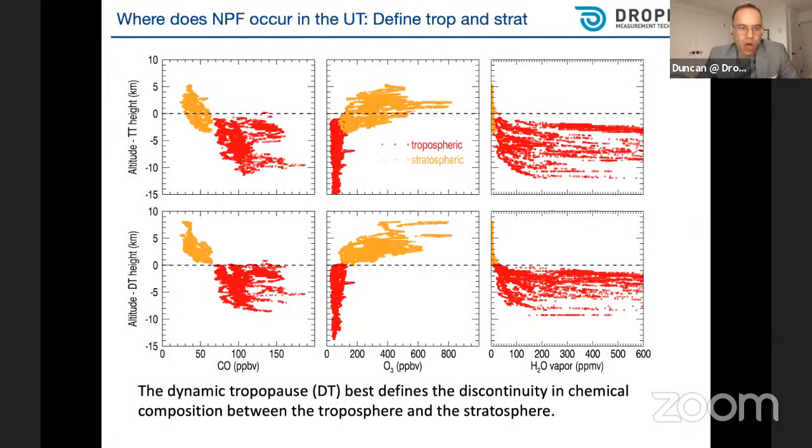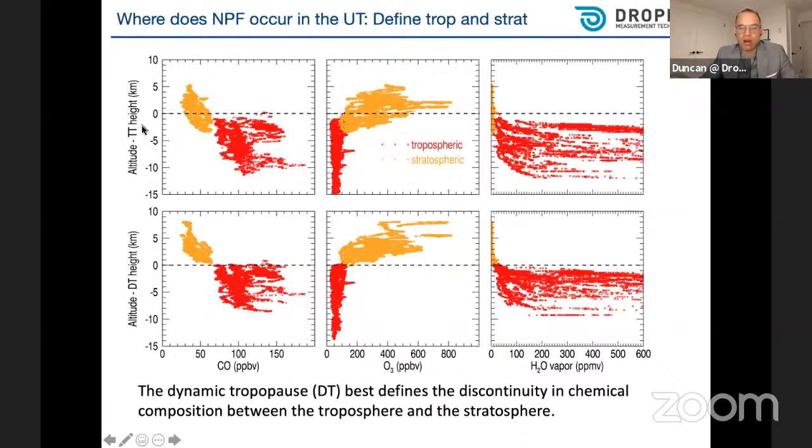So if we plot the tropospheric points and the stratospheric points, using as a coordinate the altitude of the measurement made by the aircraft subtracted by the dynamic tropopause, we see that the dynamic tropopause separates very nicely the tropospheric air from the stratospheric air when it comes to CO, ozone, and water vapor.